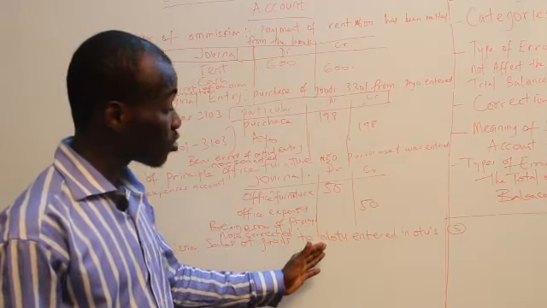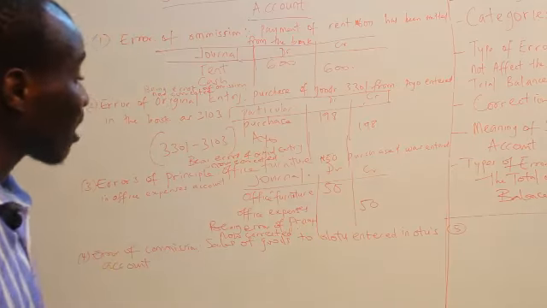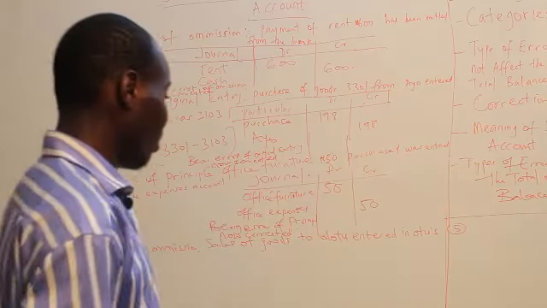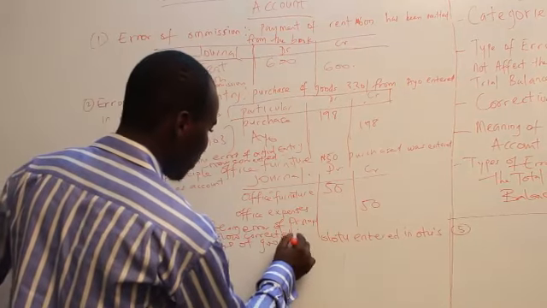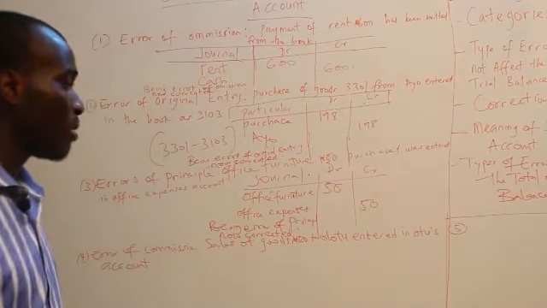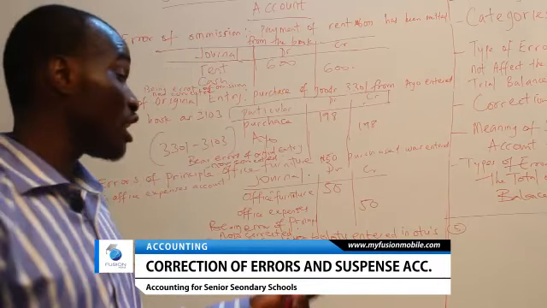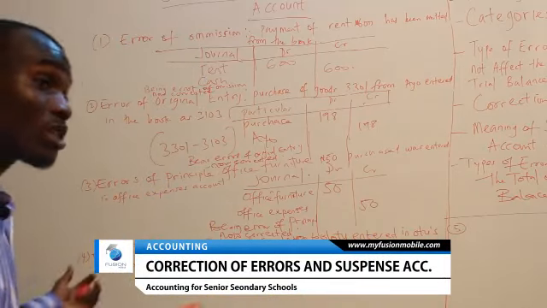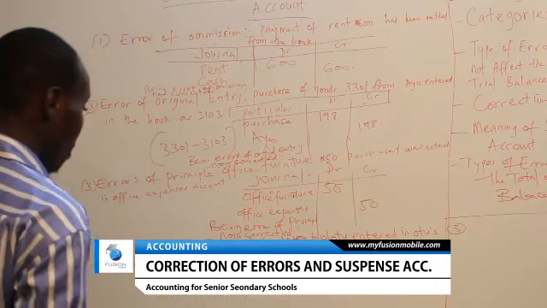The goods we sold to Olotu were recorded in another personality's account. I think the sales of goods is 500 naira, so it was recorded for 500 naira in Otu's account. This is the personal account in the ledger.